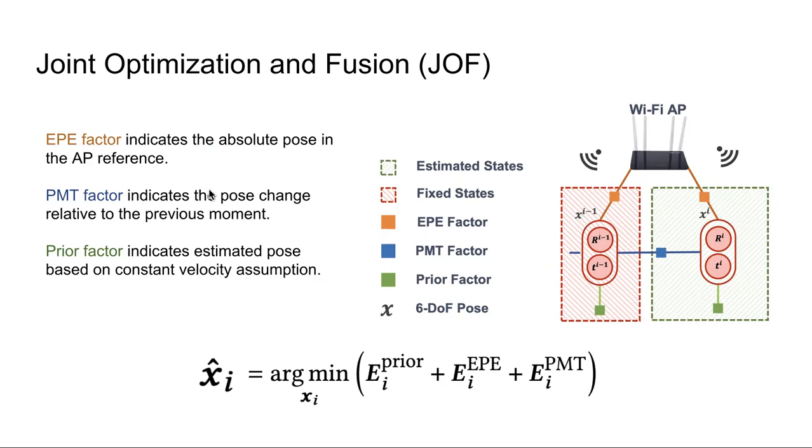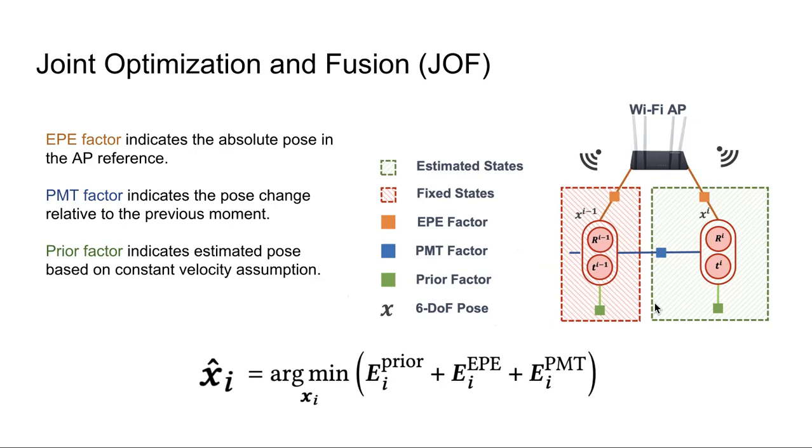EPE, which is the factor, indicates the absolute pose in the access point reference, denoted in orange, and PMP indicates the pose change relative to the previous moment, denoted in blue. And now we introduce one more thing, which is the prior factor, which indicates the estimated pose based on the constant velocity assumption here.